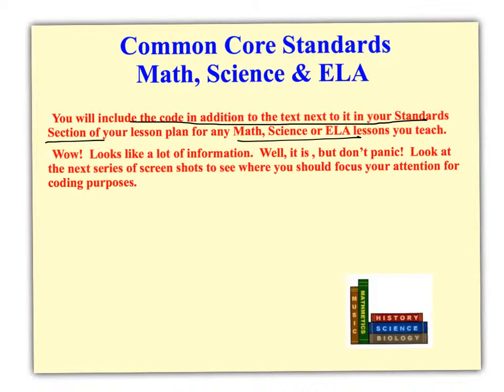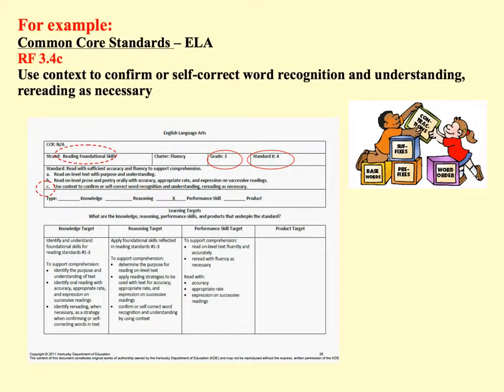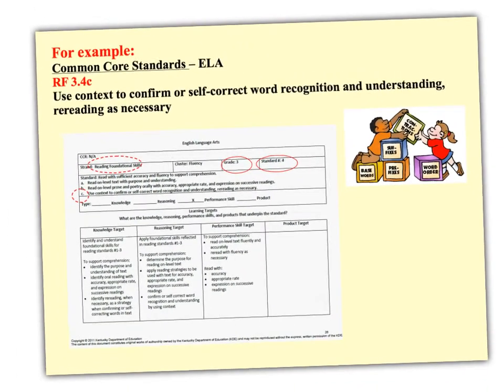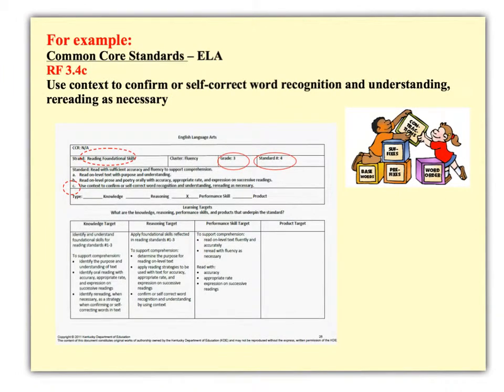This is a lot of information, and as I said, please don't panic. I want you to look at the next series of screenshots to see where you should focus your attention for coding purposes. Here's an example of Common Core standards for English language arts.